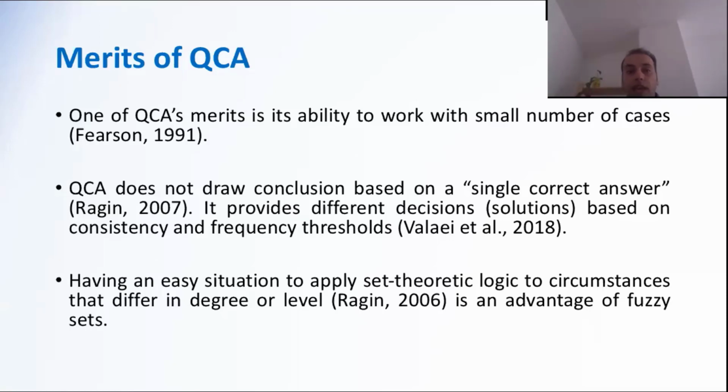But QCA makes it easier to apply set theoretic logic to occasions that differ in degree or level. So indeed, this is an advantage of fuzzy sets, because it reflects the way that a lot of researchers or PhD students combine different theories, okay?